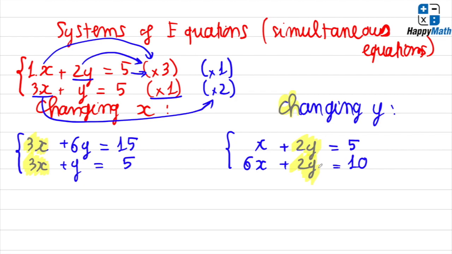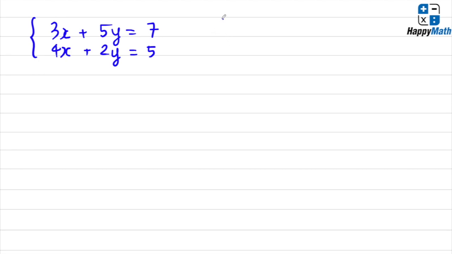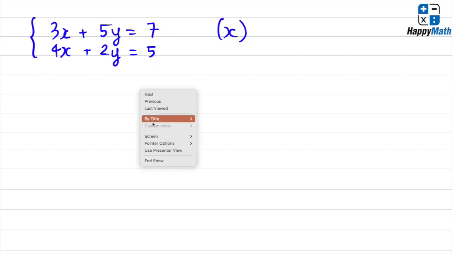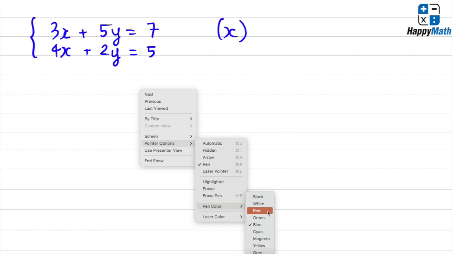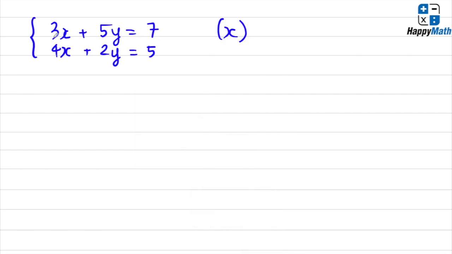Okay, so next example, you have this equation. For this equation, the question will ask you for changing x. When the question is written like this, I will change x to the equal coefficient. The first equation has coefficient of x equal to 3, and the second equation has coefficient of x equal to 4.